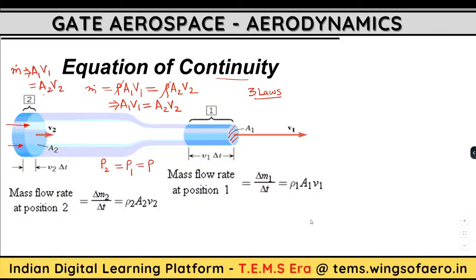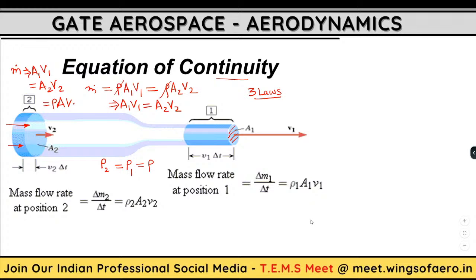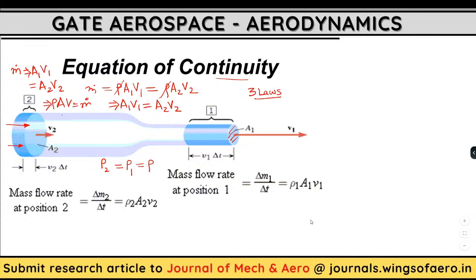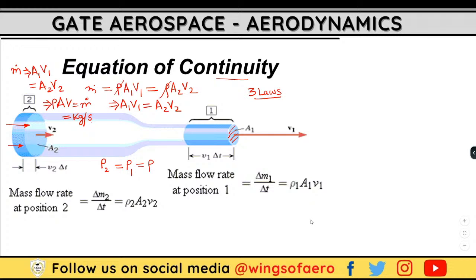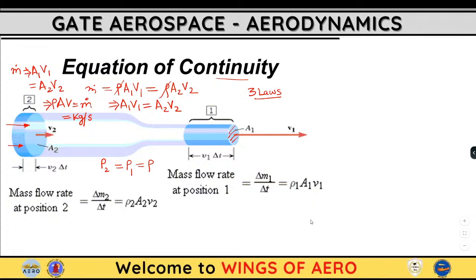This is the actual formula for the mass flow, and what is the unit? Kg per second. Always remember the unit of mass flow rate.